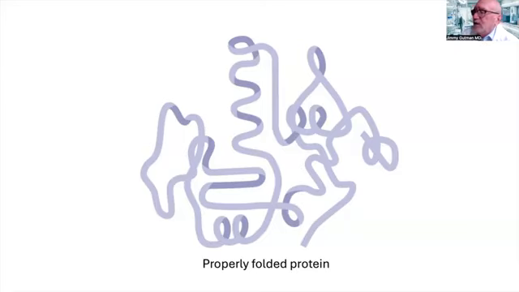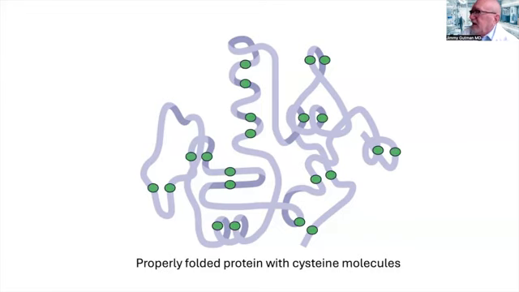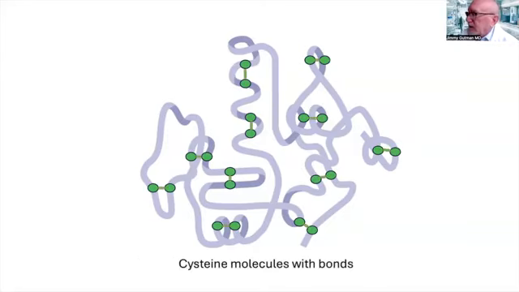Now, how does it keep its shape? This is a very important question. Well, in this case, it depends on the presence of cysteine molecules. Here we see the cysteine molecules represented as green circles. You see them there? Now here's where it gets interesting. The cysteine molecules have formed bonds between themselves.